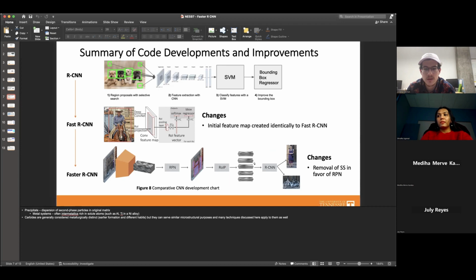But the key thing is that instead of doing a split where one step is feature classification and one step is bounding box regression, they all happen in parallel at the same time from that feature map. So that big orange blob is the convolutional step transforming the image into a feature map.